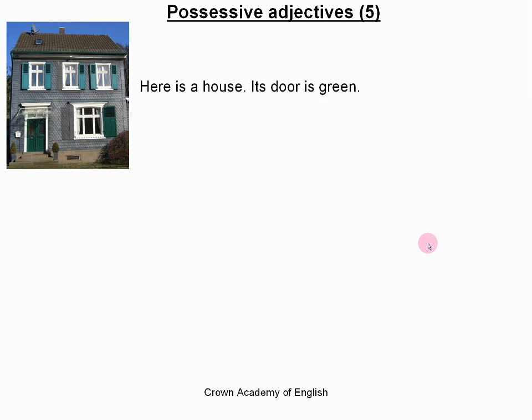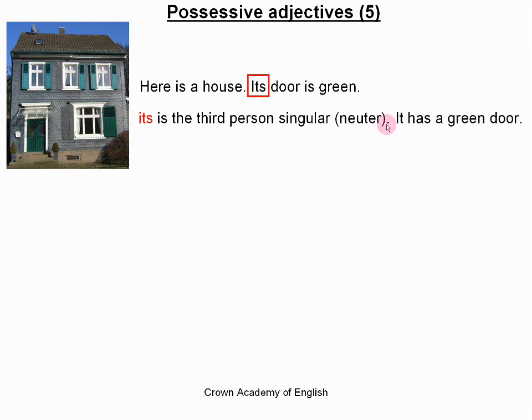Here is a house. Its door is green. Its door is green. Its is also the third person singular. This time it is neuter. It has a green door. We are talking about the house.